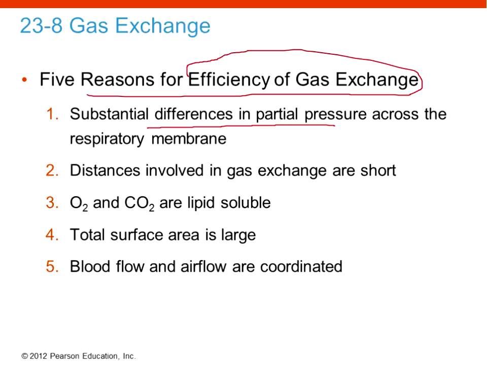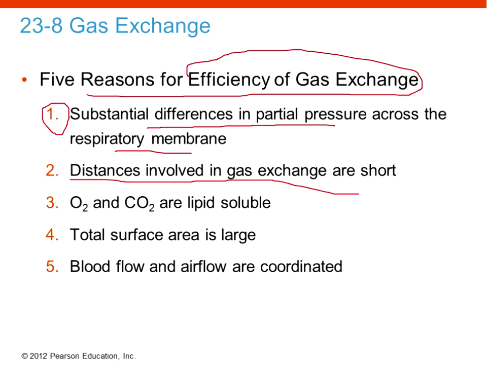Because there's a big difference across that membrane. Same thing happens here, right? If you have a lot of oxygen gas outside and it arrives at a location, it's going to move into the cell. So that difference in partial pressure across that membrane is going to drive the movement of those gases across that membrane. Okay? So that's one big factor.